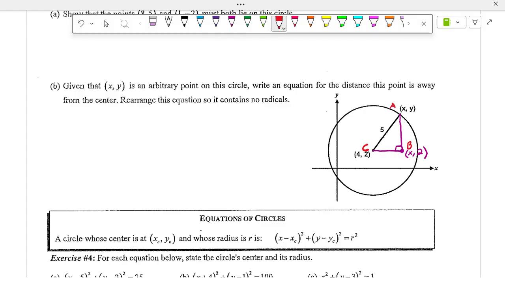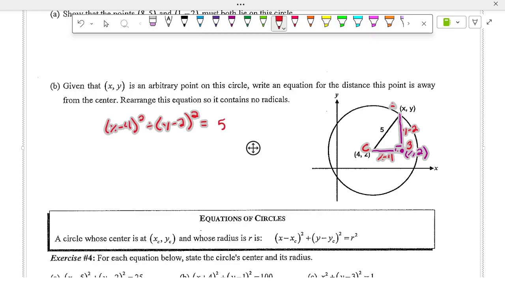Or how do I write an expression to describe it? X minus 4, good. Just subtracting the horizontal values. What about here? Y minus 2, vertical values. So, if I plug it back into the Pythagorean theorem, I get x minus 4 squared plus y minus 2 squared. And that's going to be equal to what?